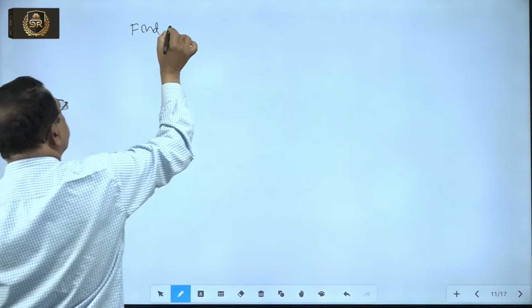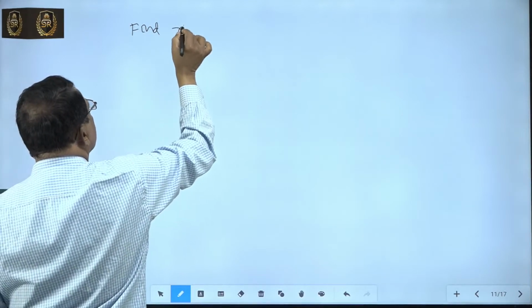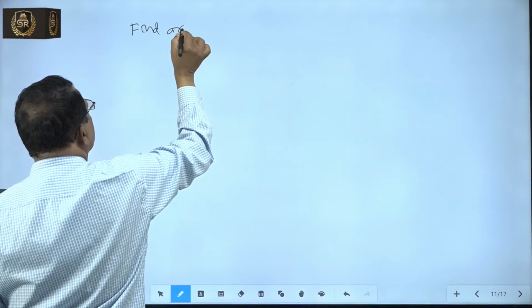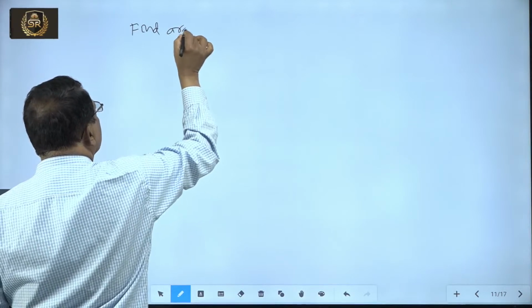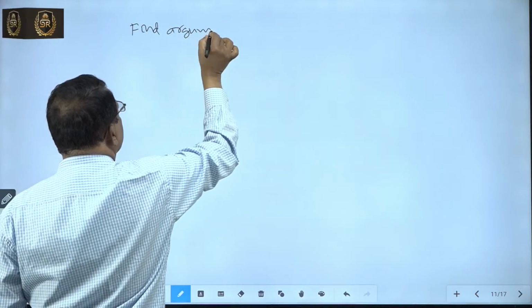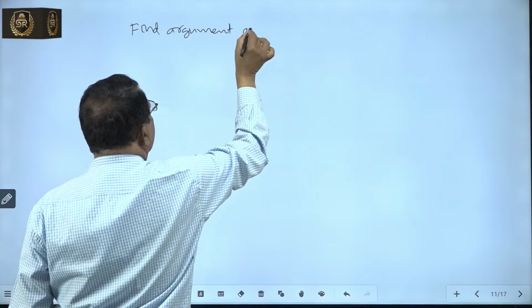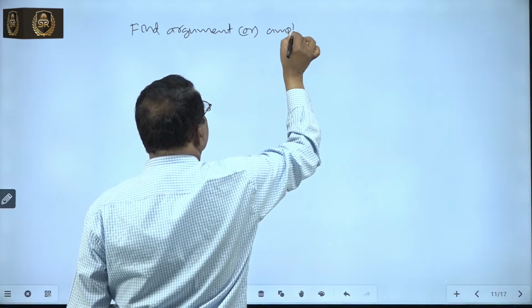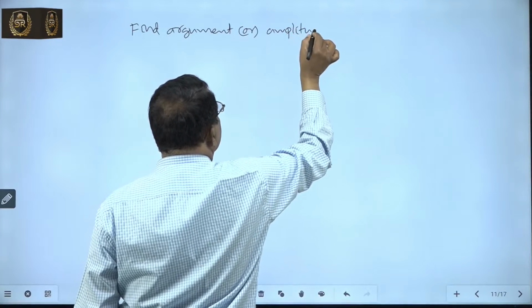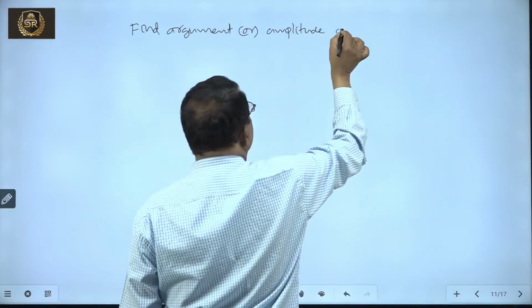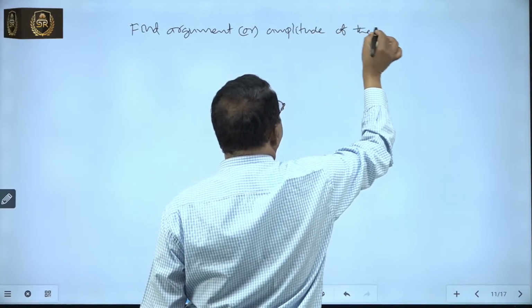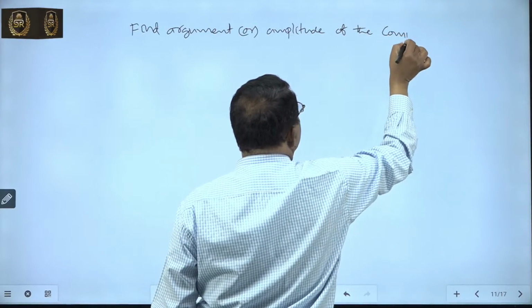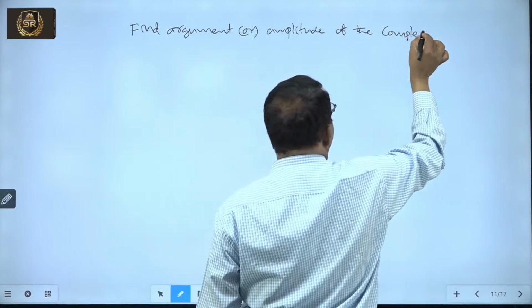Find the argument or amplitude of the complex numbers.